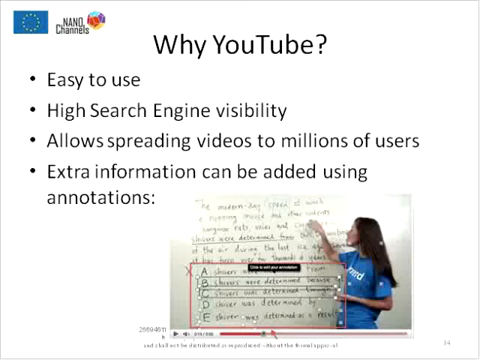This means where you show up in the mostly Google search results. And videos that are popular on YouTube show up very quickly in high search engine results, and that's a very good visibility on search engines.